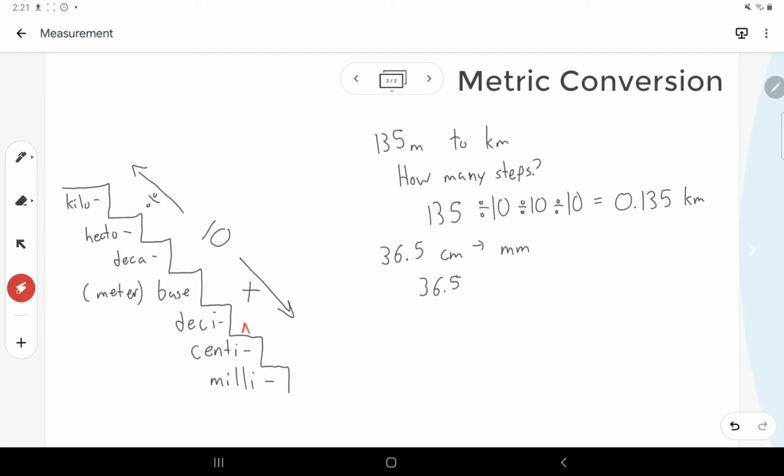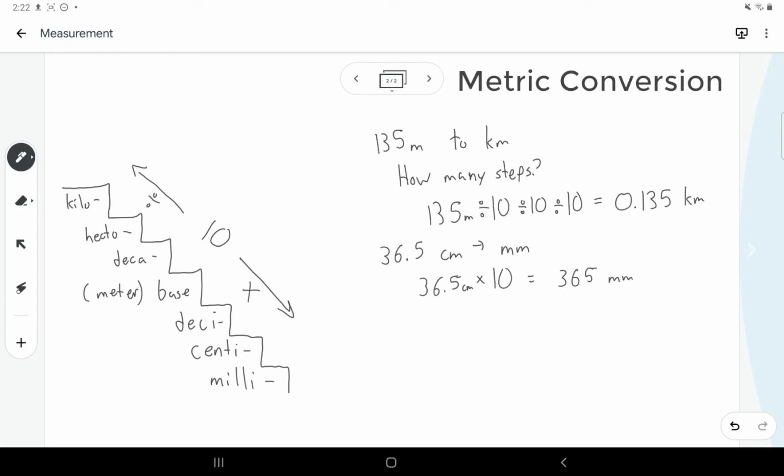If we're on centimeters, we're going down just 1 step. So we do down, which is times, just 1 step, times 10, and we get 365 millimeters. And don't forget our units in here.